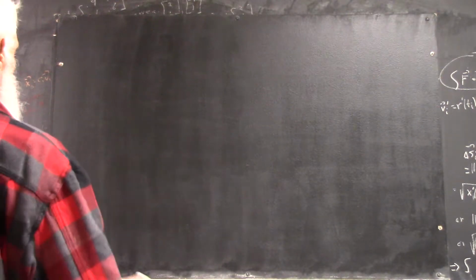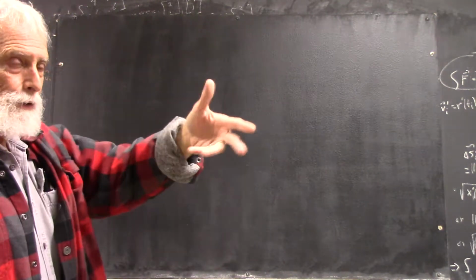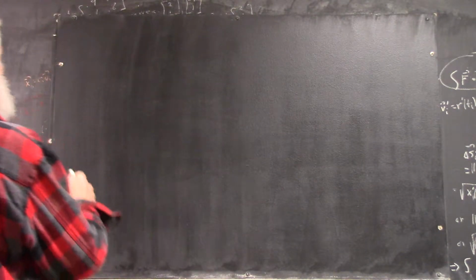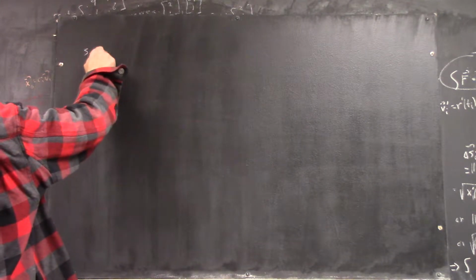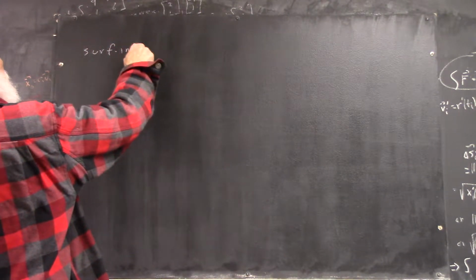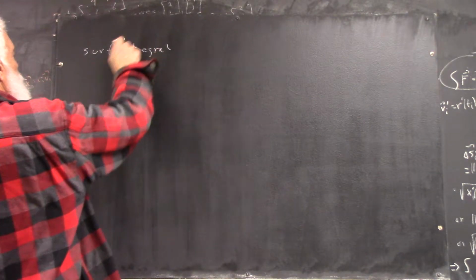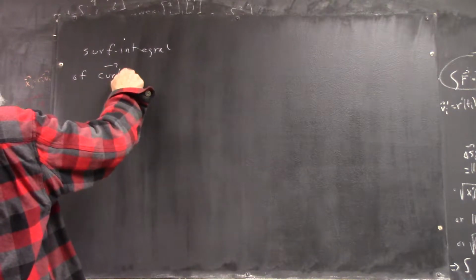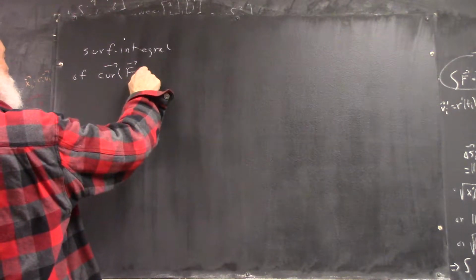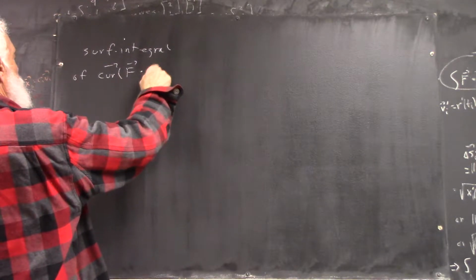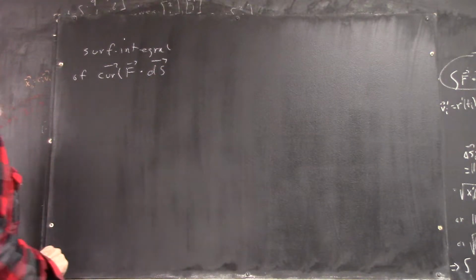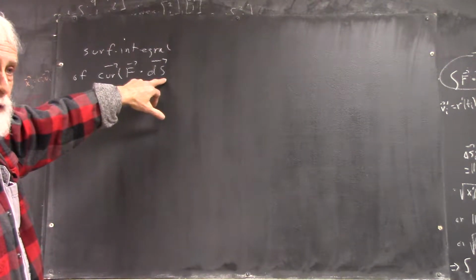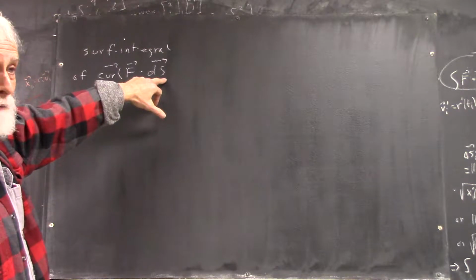Okay, so one of the homework problems came up, and I'll just summarize what we just talked about. One of the homework problems came up where you're supposed to do a surface integral of the curl of F dot dS, or curl of F dot n dA, okay?